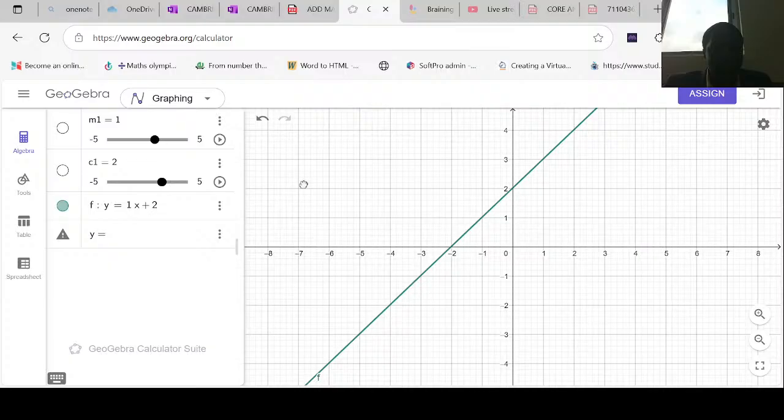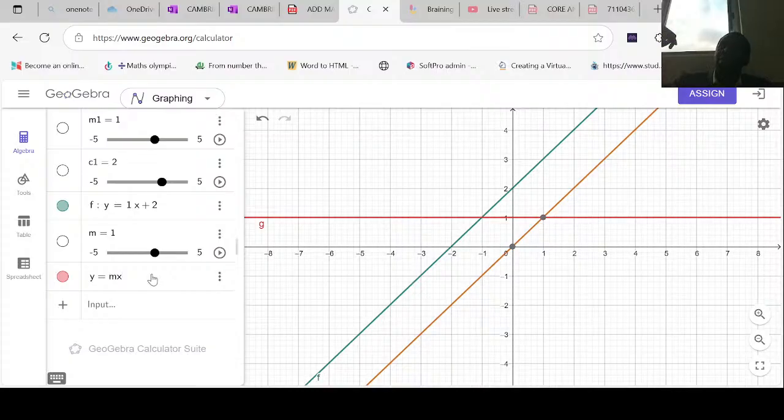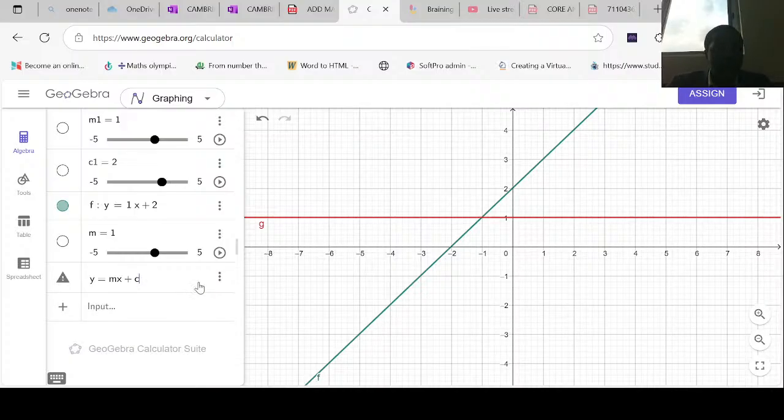Do you understand? So the second equation, I'll use m2x, right? Let me use this so that I can now label it. So I'll also use y equals mx plus c, since I have used m1 and c1 there. So what is going on?